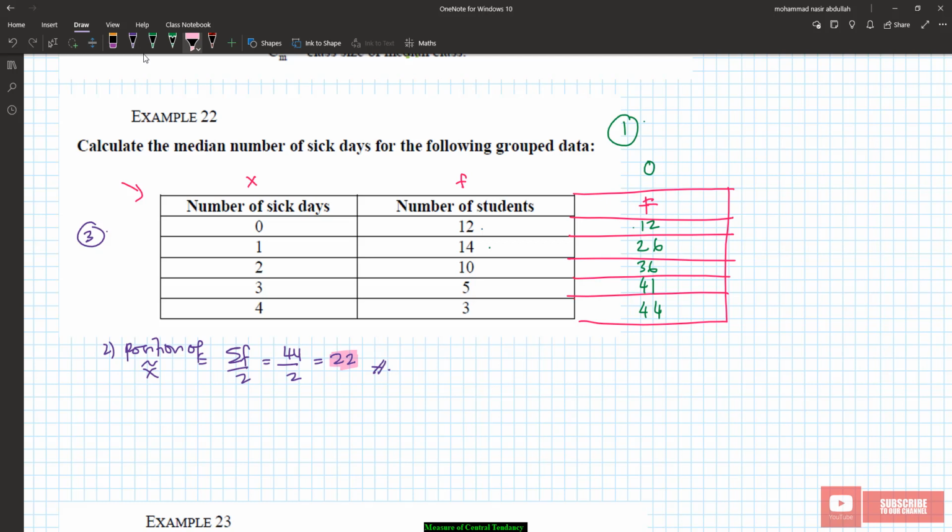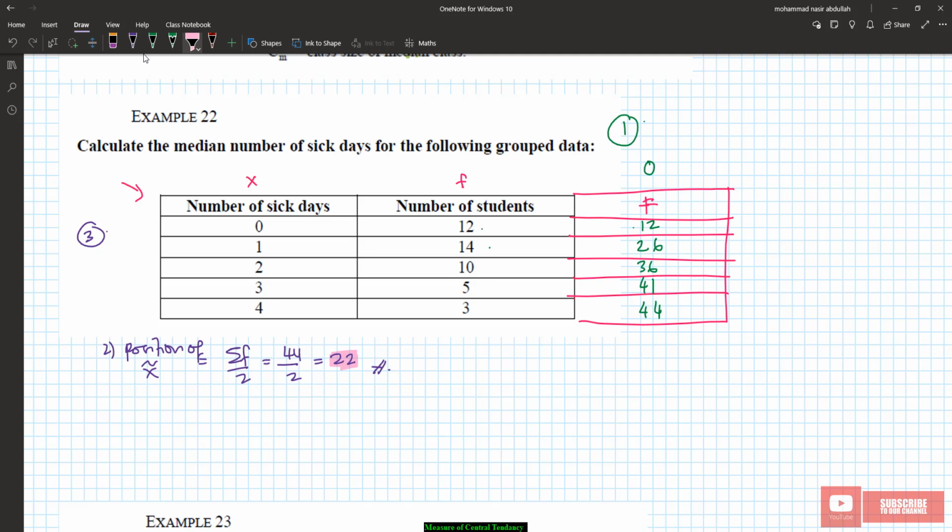The median class is where the cumulative frequency is equal to 22 or next greater than 22.